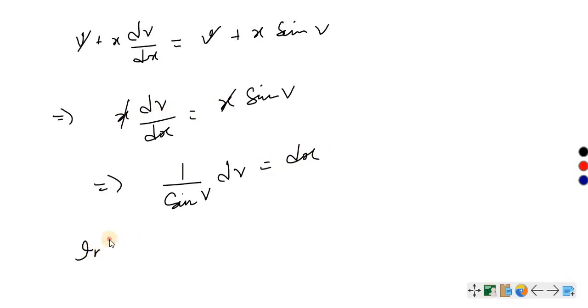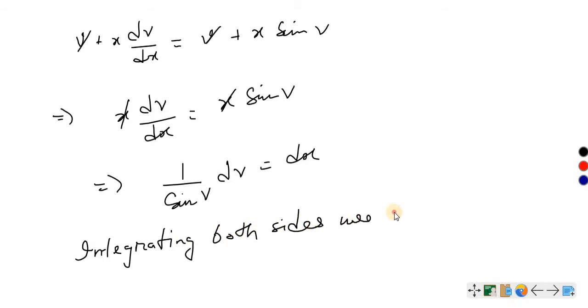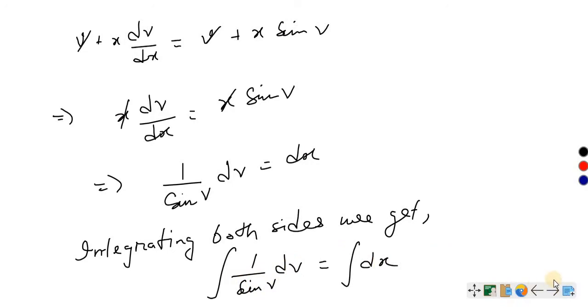So integrating both sides, we get, so if you integrate, it is 1 by sine v dv is equal to integration of dx.